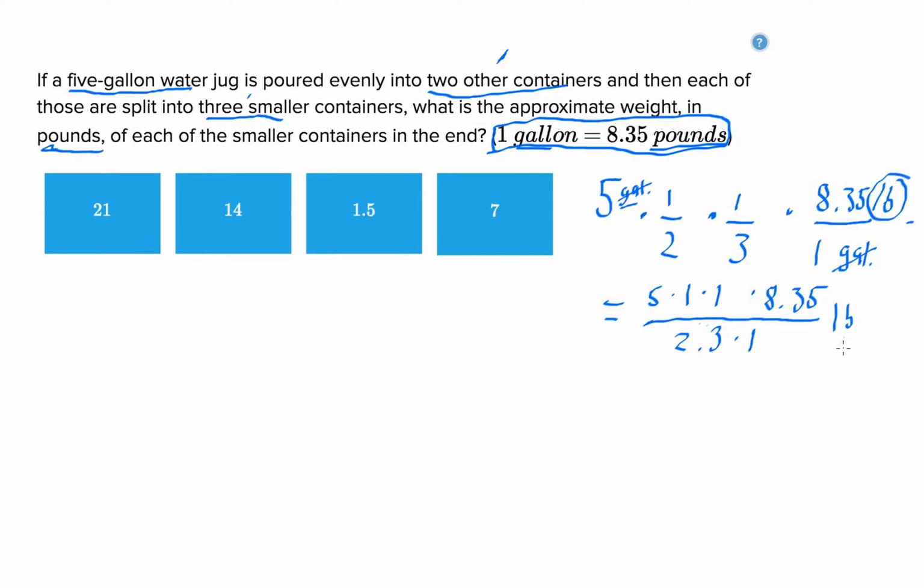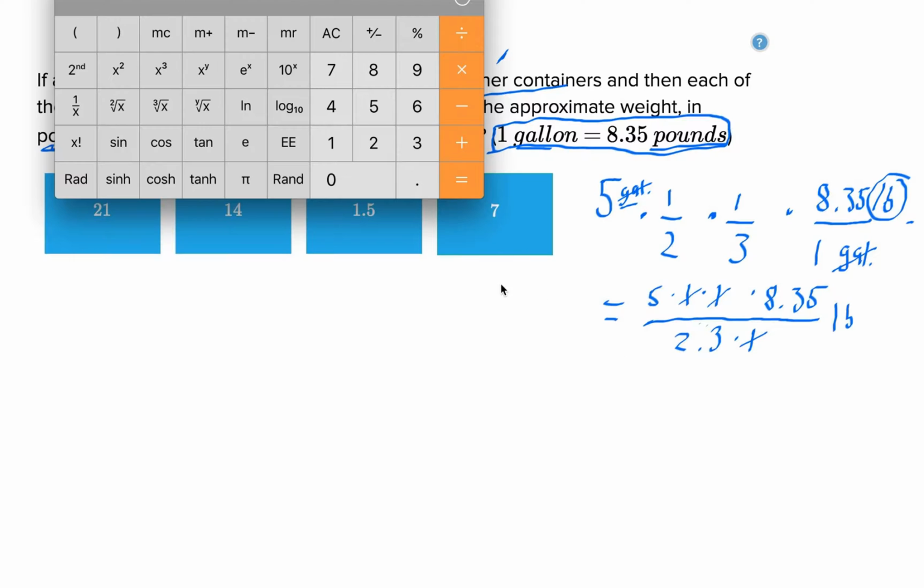So at this point, let's eliminate these ones, because they're not going to do anything, and save some time when we're inputting this problem into our calculator. And then let me grab my calculator right here. I'm just going to punch in what we have.